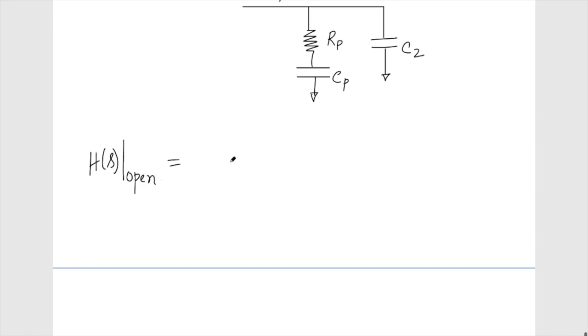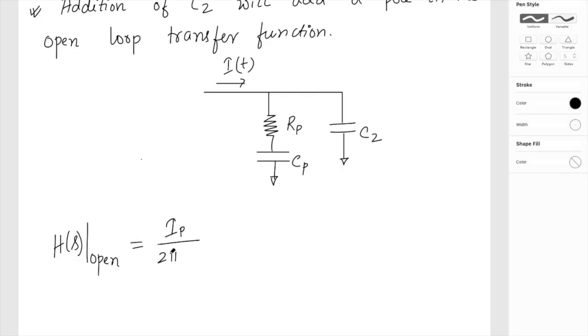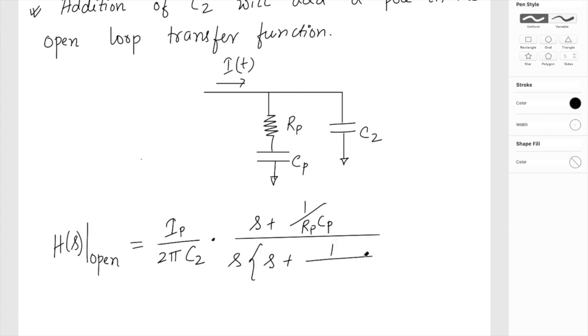You are going to get something like Ip by 2 pi C2 into (s plus 1 by RpCp), and s into (s plus 1 by Rp into CpC2 by Cp plus C2), into, of course, the VCO's transfer function, which is Kvco by s.